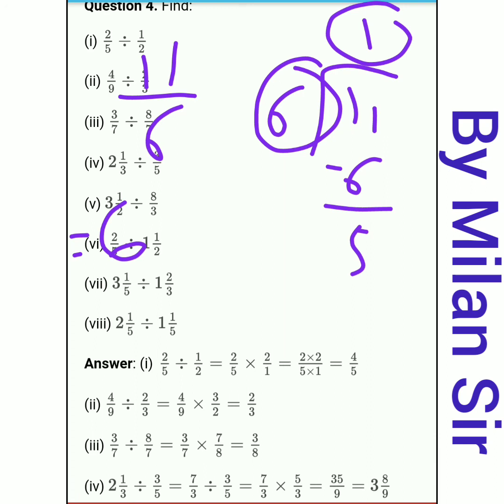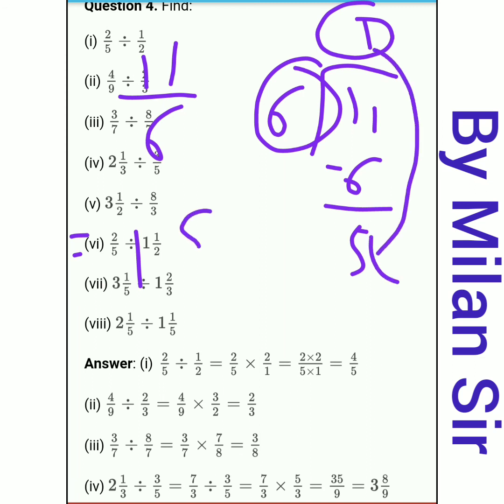Sorry, our answer is 1 integer, numerator 5 and denominator 6: 1 integer 5 by 6. Okay, this is our final answer.